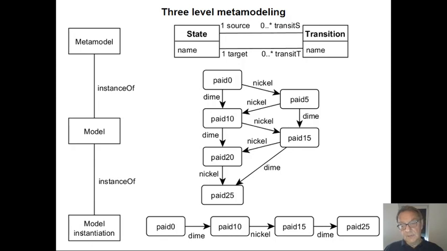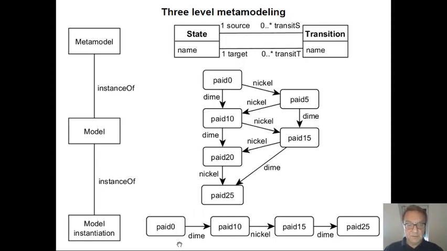Here on this level we have the model instantiation. A model instantiation is one particular run through this higher level model, taking the model and instantiating it, using the model.